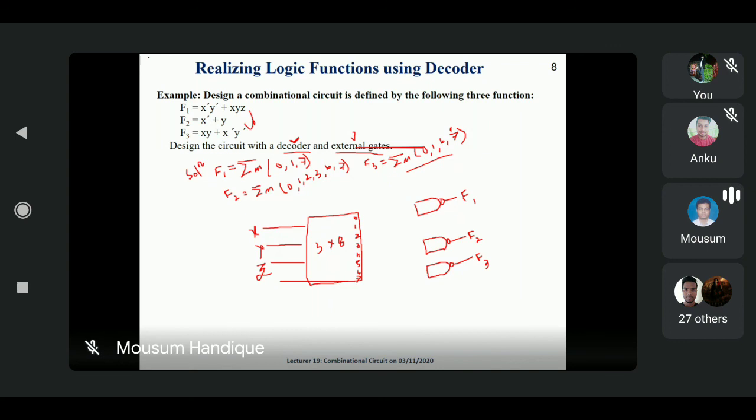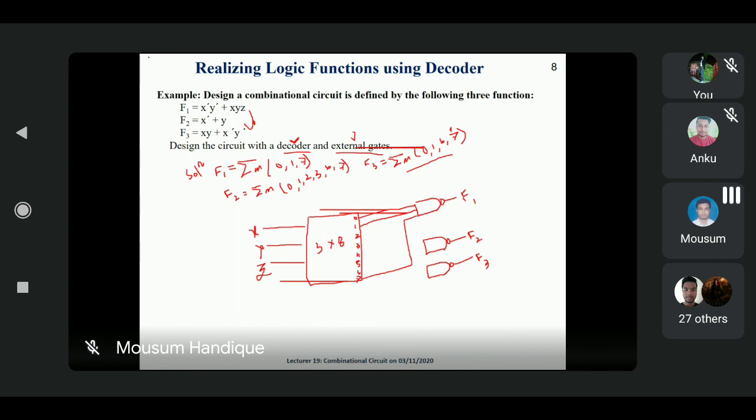Now F1 is connected. What are the min terms of F1? 0, 1, 7. So I am directly connecting. This one is 0, this one is 1, and this one is 7. Okay.